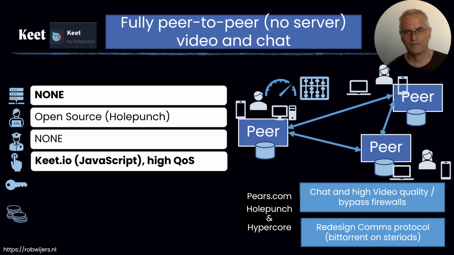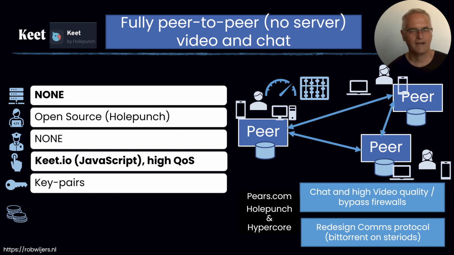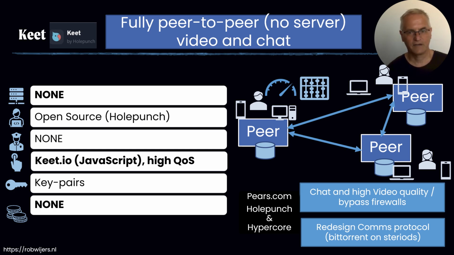So for example, if I would call you, there's no interim server that needs to deteriorate your quality, because if I got a high quality bandwidth and a high quality video camera, and you got the same, then it's the best quality that you can get. Nobody's in between. Same as with Bitcoin and with Nostr, it's just with key pairs, private and public key, and there are no costs involved. Because I use my application, my hardware, you use your hardware, and there's no central server cost, of course.